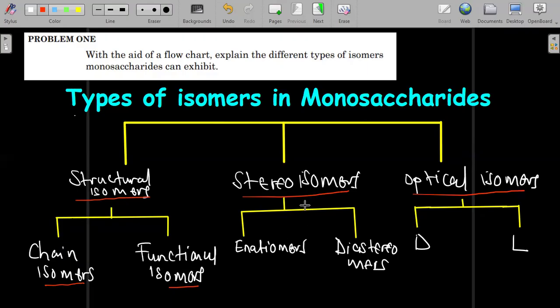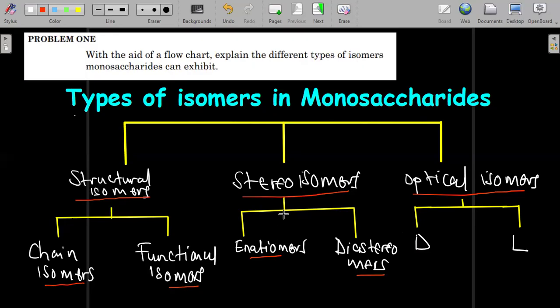All right, and then we also have stereoisomers here, okay? These stereoisomers are just isomers that have the same structural formula but differ in the spatial arrangement of the atoms. So they are subdivided into enantiomers and diastereomers. The enantiomers are just mirror image isomers that are non-superimposable with each other.